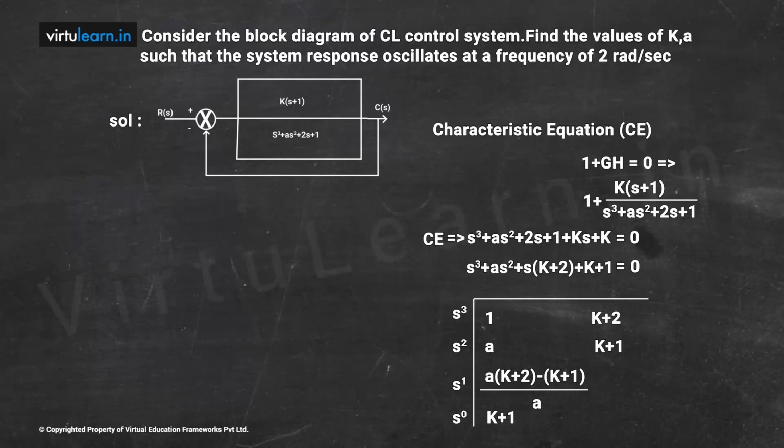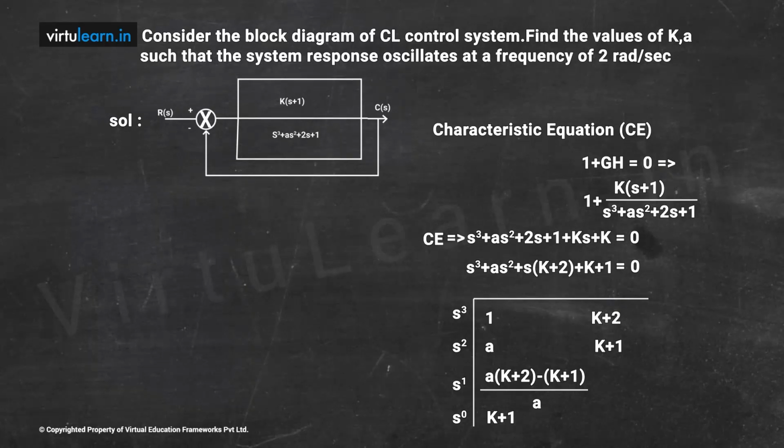The Routh array has rows s cube, s square, s power 1, s power 0, and we need to fill the first two rows from the characteristic equation. So what will be those elements? The first row is 1 and K plus 2, and the second row is a and K plus 1. Then we know how to calculate the element for row s power 1.